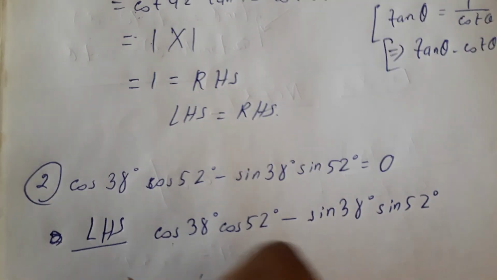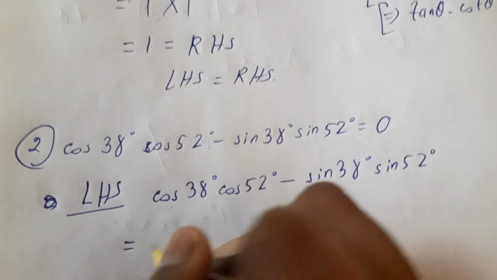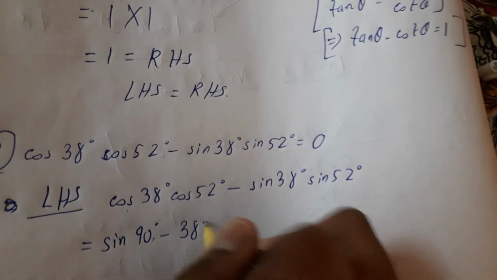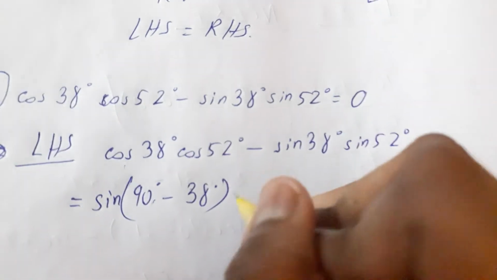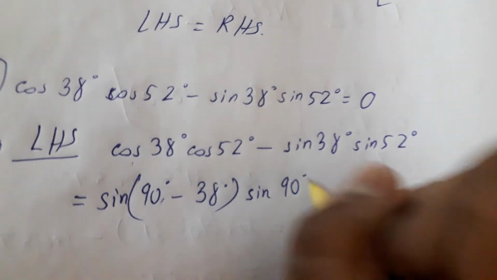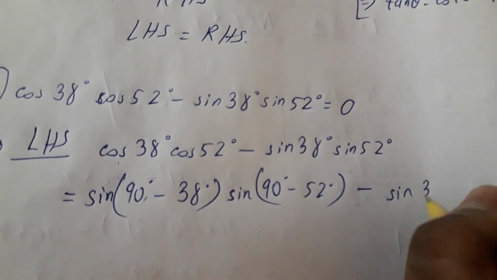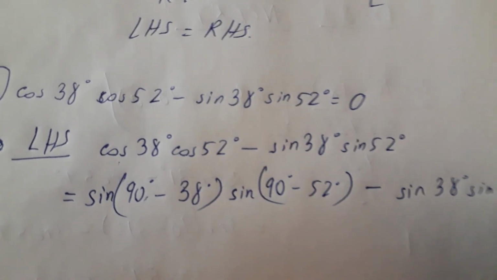Okay, so change it. Cos theta means sin 90 degree minus theta. Okay, then see, cos 52 degree means sin 90 degree minus 52 degree, and it will be same. Okay, as you have to prove here 0.